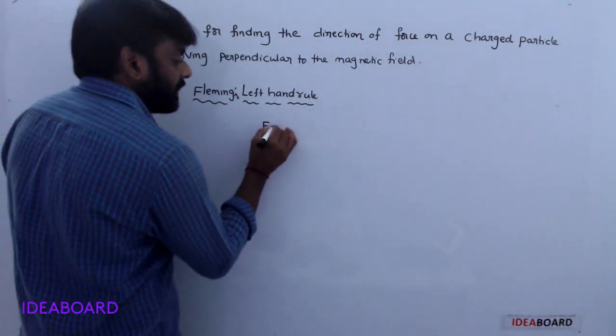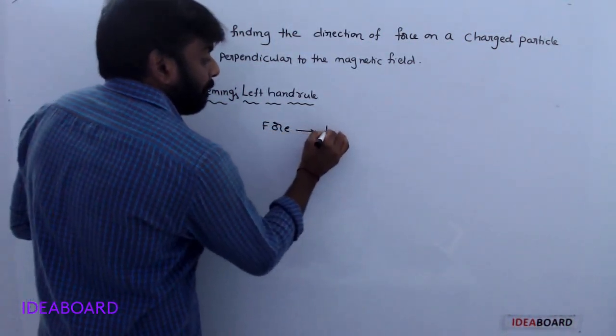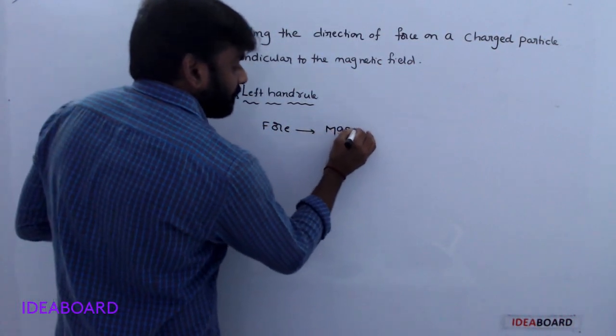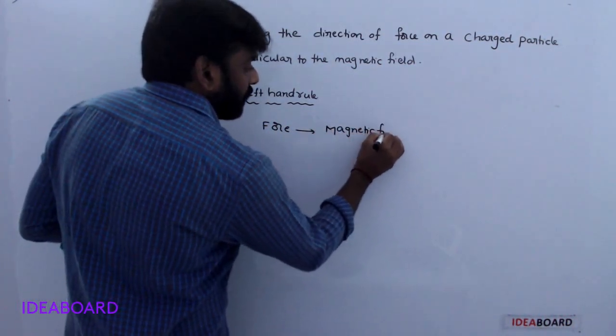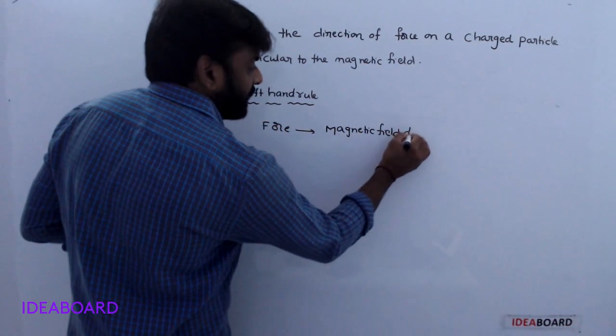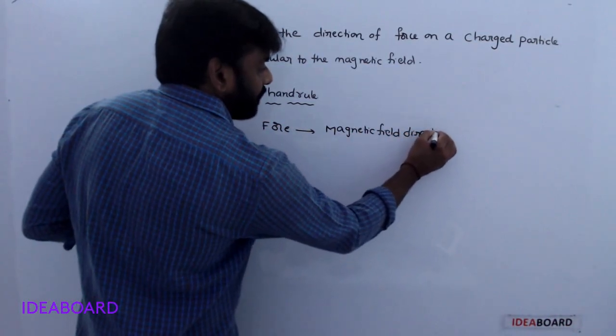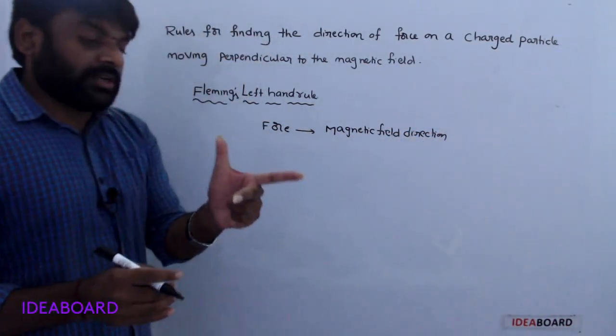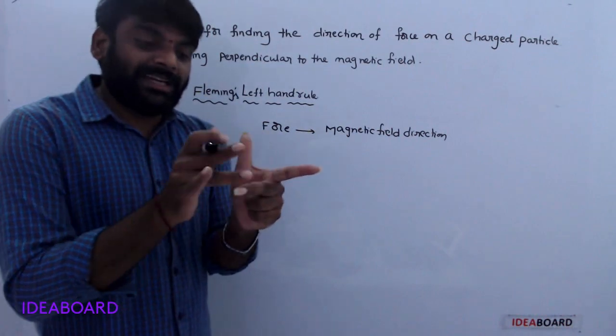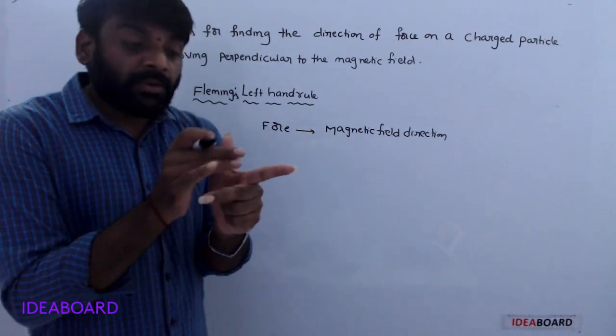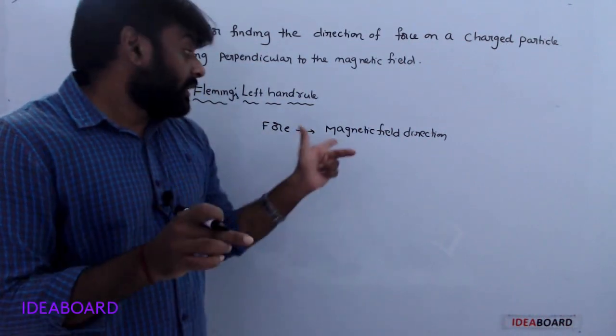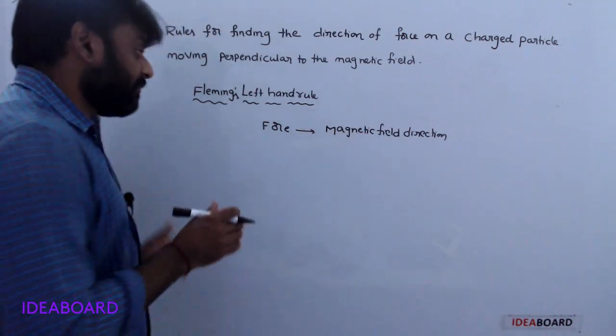Forefinger represents the magnetic field direction. First of all, stretch these three fingers perpendicularly. Forefinger represents the magnetic field direction.